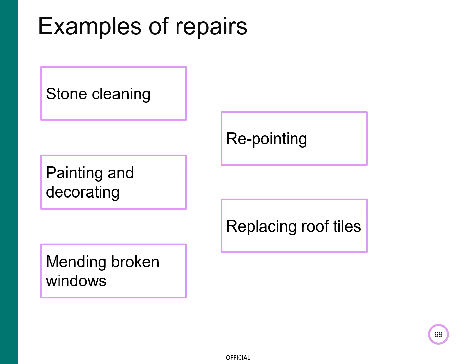Other examples of repairs that may be allowable expenditure include stone cleaning, painting and decorating, mending or replacing broken windows and doors, repointing and replacing roof tiles, flashing and guttering.